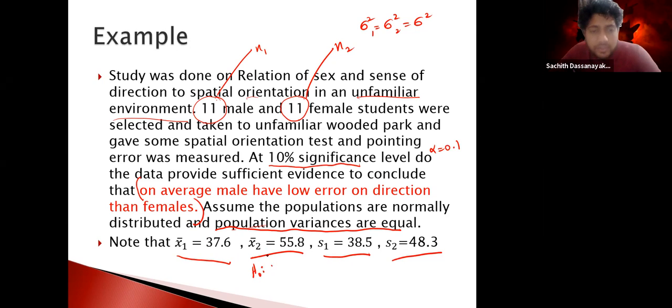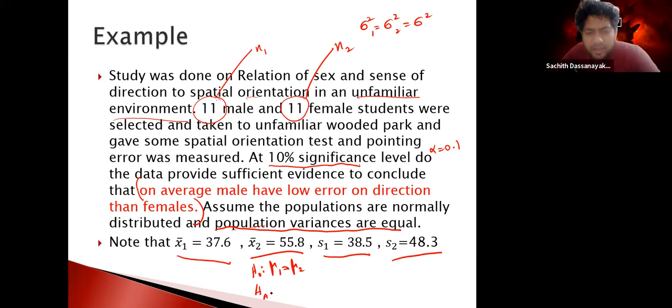First of all, you have to think about what mu1 and mu2 are. I'll consider mu1 based on the male population. Mu1 is the male population's mean. Mu2 is the female population's mean. So I can write H naught: mu1 equals mu2.